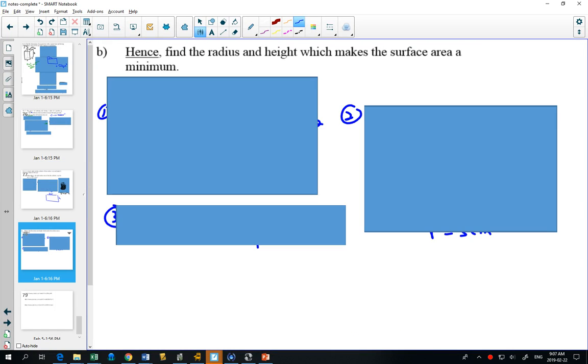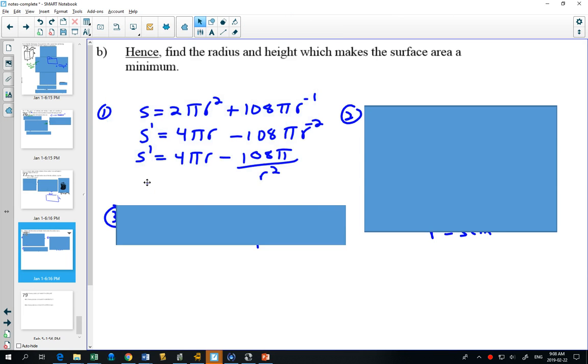And then part B of this question says, hence, find the radius and height which makes the surface area a minimum. So part A, the show that, already set us up so that we would have an equation that was surface area equals in only one variable.